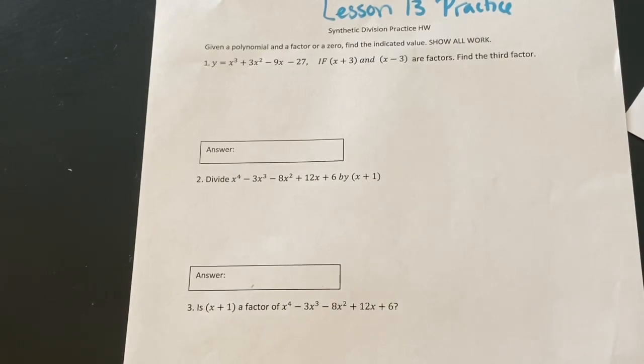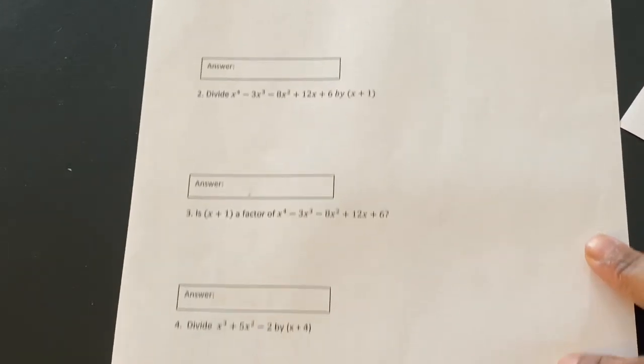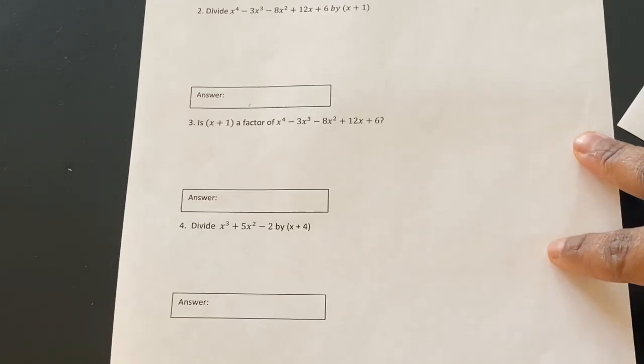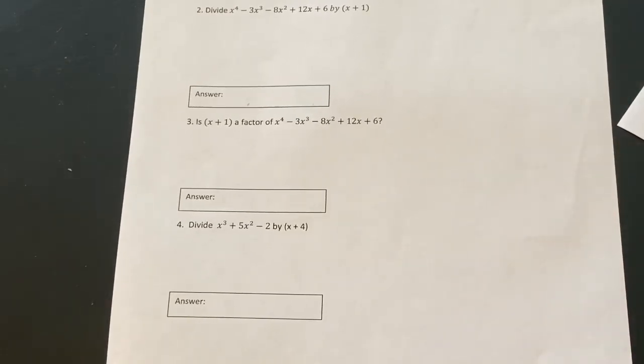And then it asks you, is this polynomial a factor of the other? And then number 4 just asks you to divide one polynomial by another. I do advise that you do this before our meeting on Thursday. That way you can ask any questions if you have any.